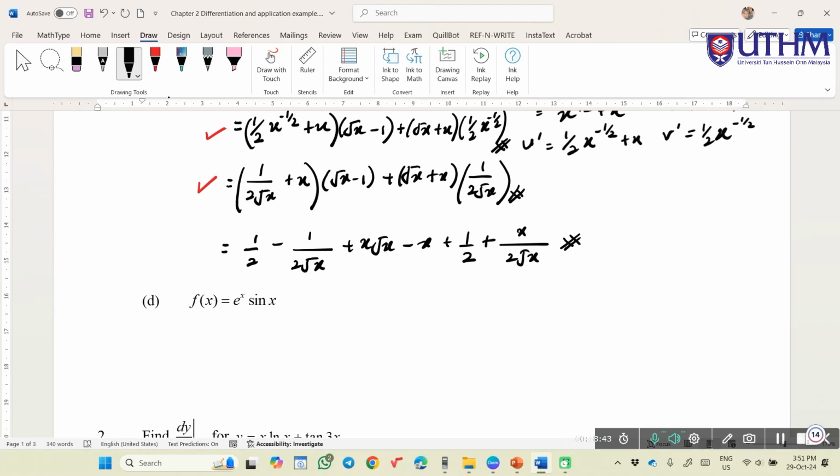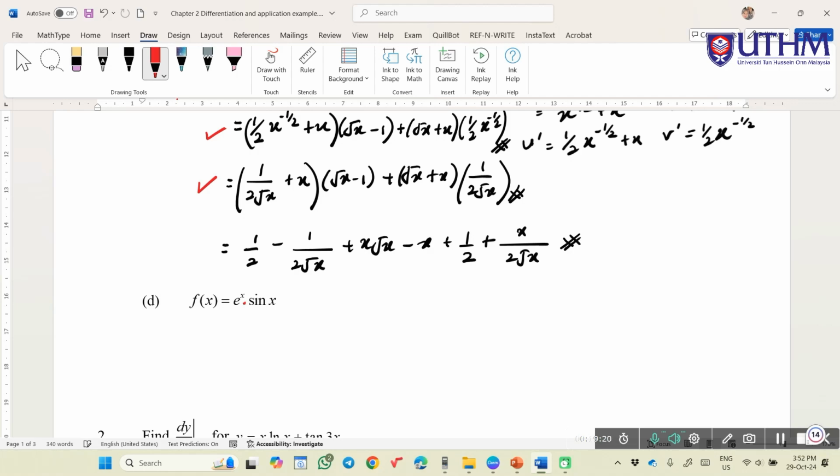This is the exponential and the trigonometric function. Even though we look at this as quite a simple function, we need to know that this is the product, the multiplication of two functions, a function of exponent and a trigonometric function, the different functions.